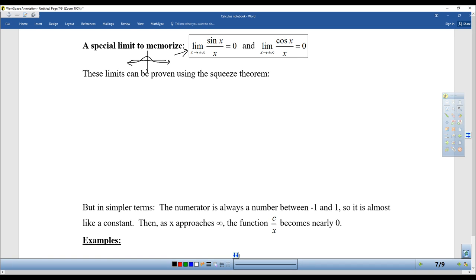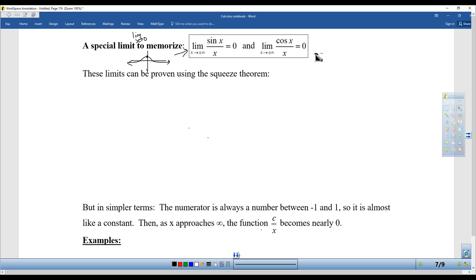And you don't want to get them backwards. But if you have the picture, then it's pretty obvious that as you're approaching infinity or negative infinity, you get 0. And the one that we did the other day was the limit as x approaches 0 is going to be 1. So that was a graph that we did before.